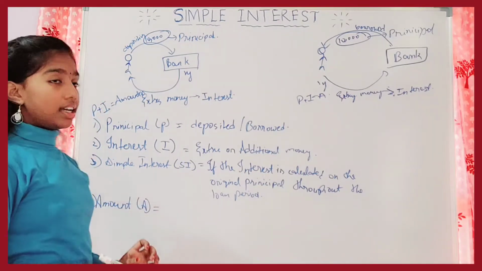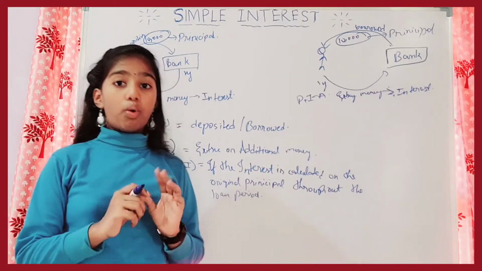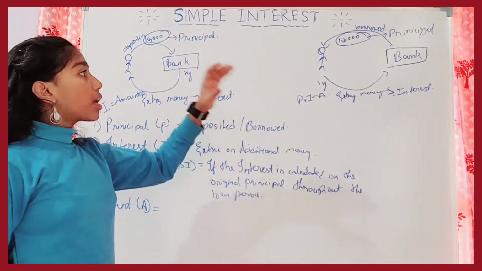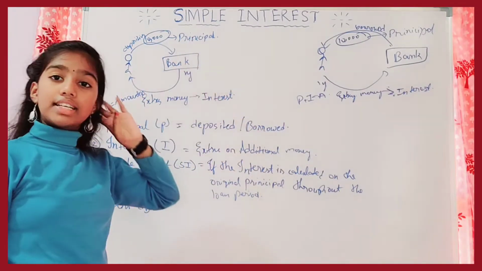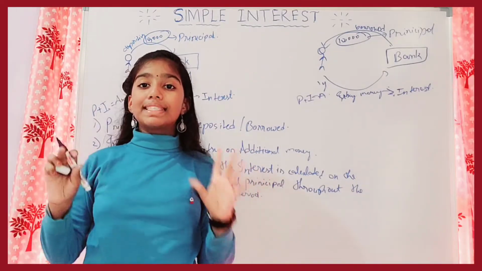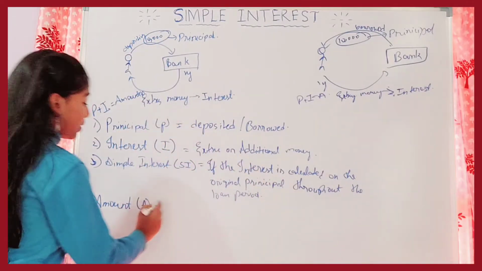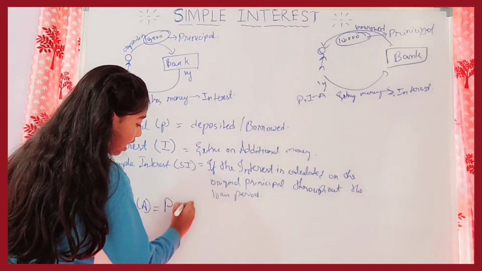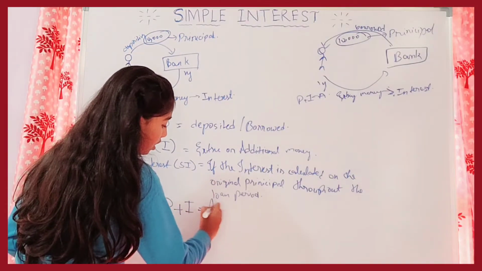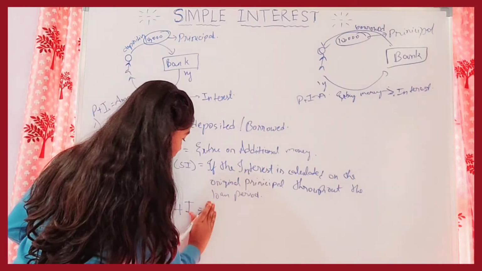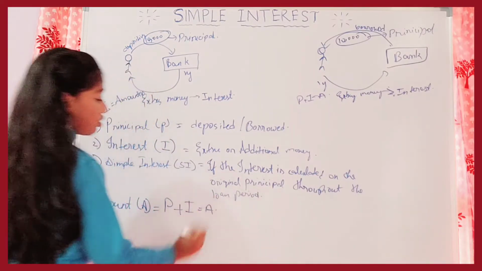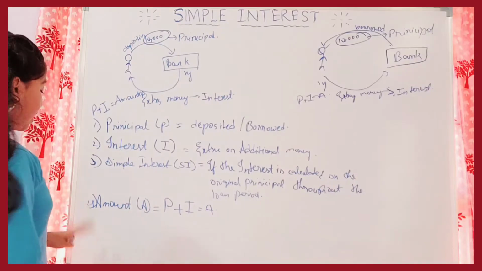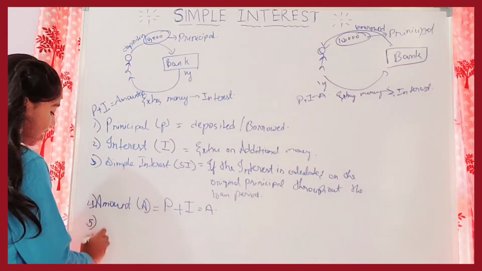The sum of the principal and the interest is the amount. P plus I is equals to A. Just remember that P plus I is equals to A.